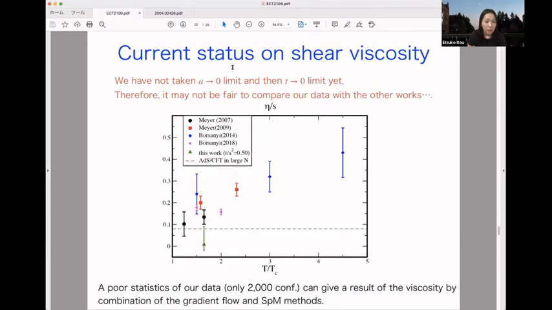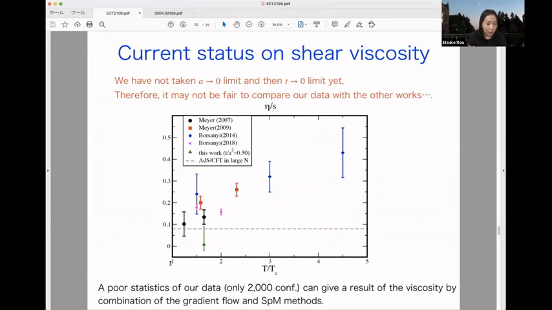This is the current status of the shear viscosity in quenched QCD. In our analysis, we have not yet taken the continuum limit and the flow time to zero limit, so it may not be fair to compare our data with other work. But anyway, our data is here, the green one. In this plot, some data take a continuum limit, and others have not yet.